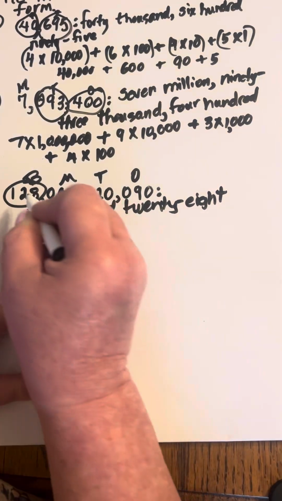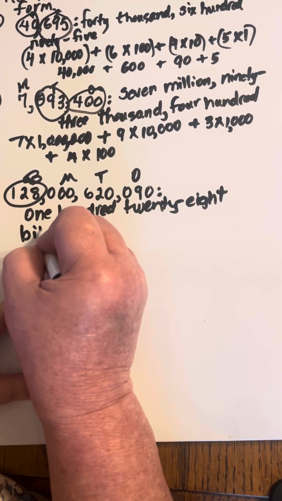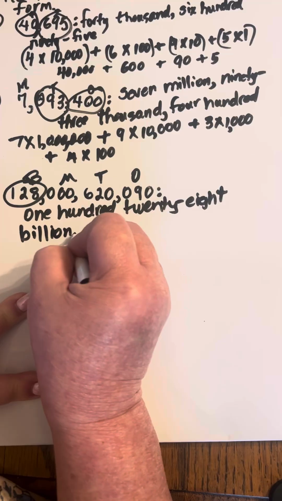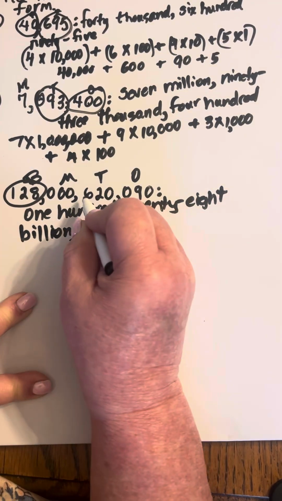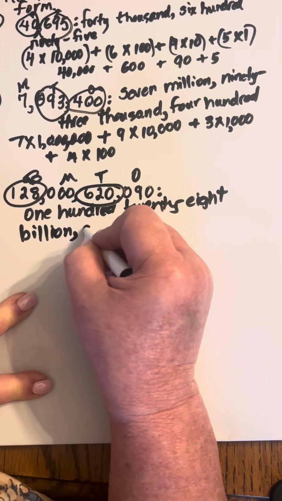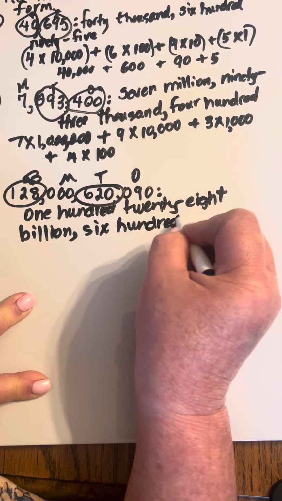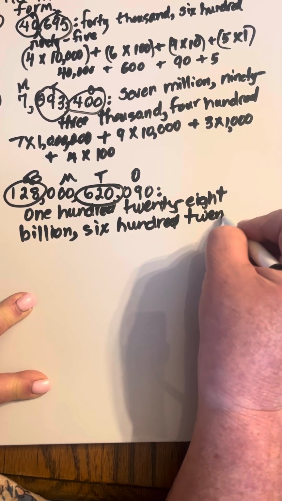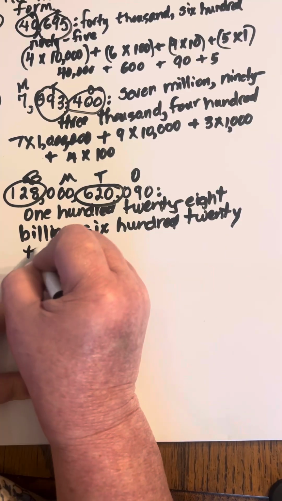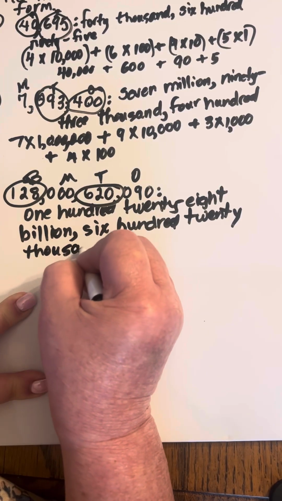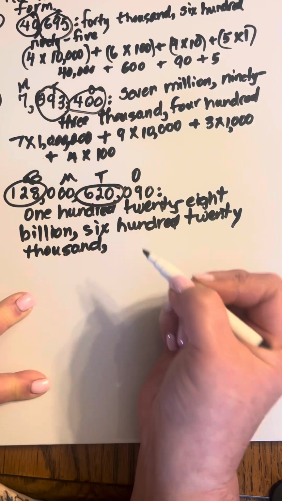Name the period. It's in the billions. 128 billion. There are no millions, skip it. Read this, 620,000. When you get to the comma, make sure you name the period and place the comma after that period name. 90.